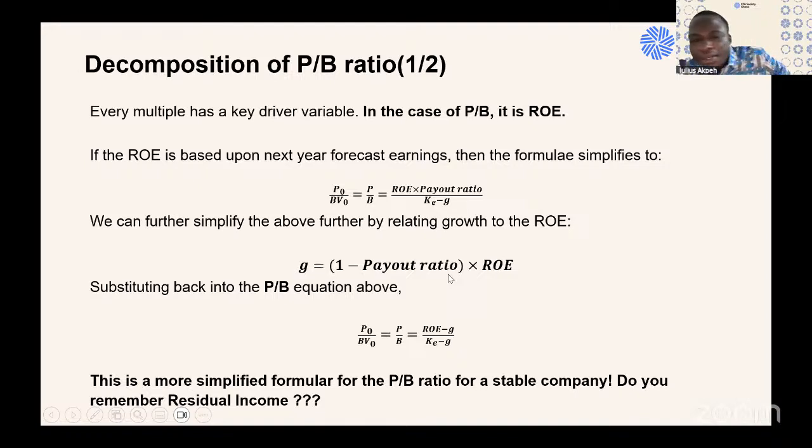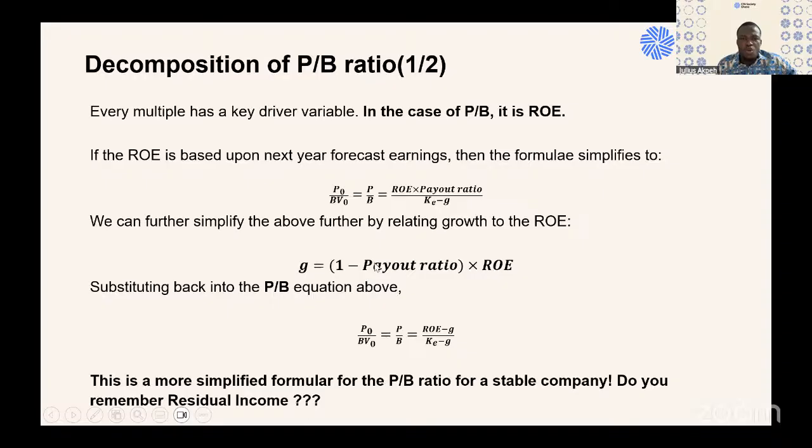But let's look at something here. We want to make sure the payout ratio vanishes, so we are going to make payout ratio the subject here. It's just a matter of multiplying through by ROE.